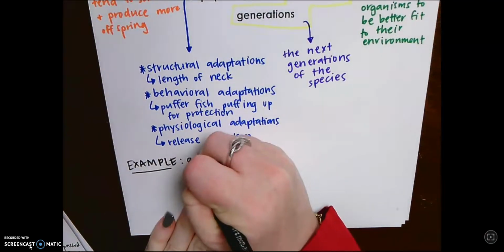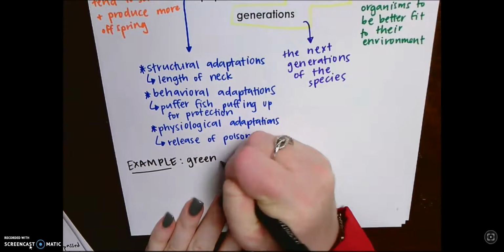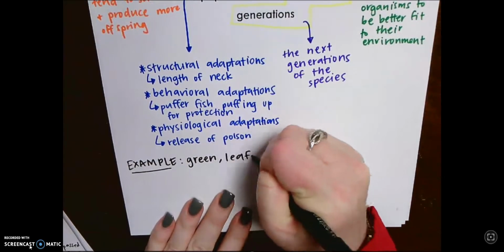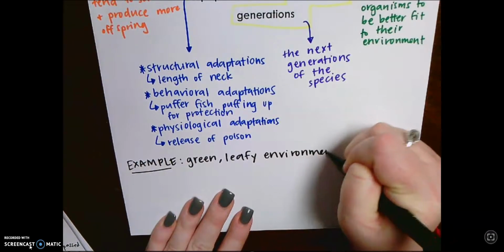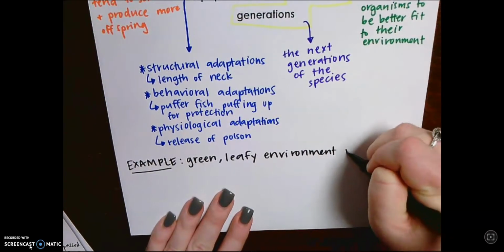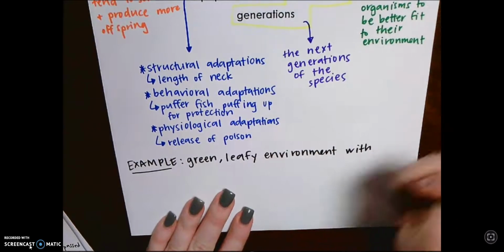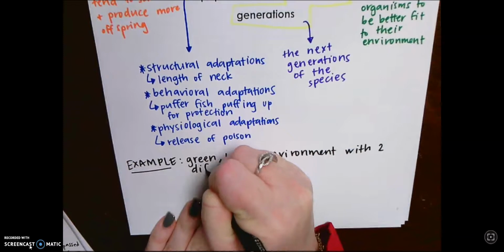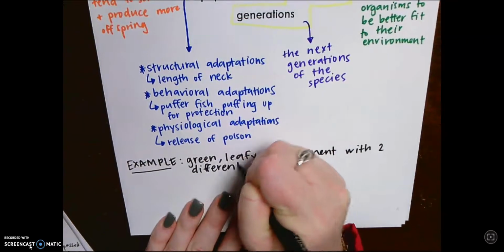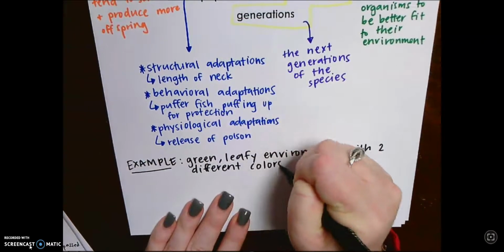So let's say that the environment is green and leafy. And it has two different colors of beetles.